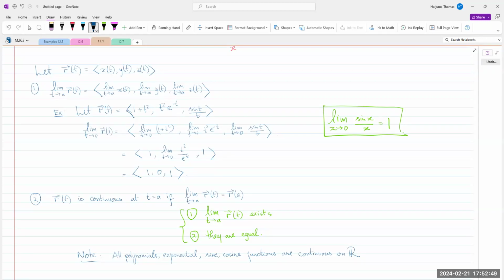So we don't have an issue with continuity, and therefore the limit always exists. Okay, we will have issues later on when we have, for example, rational functions.